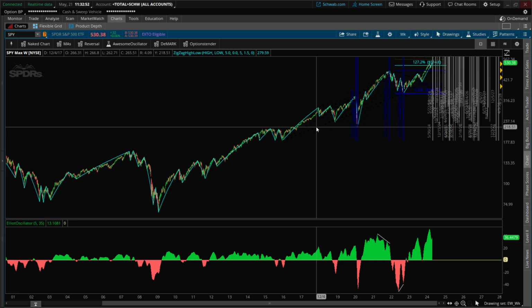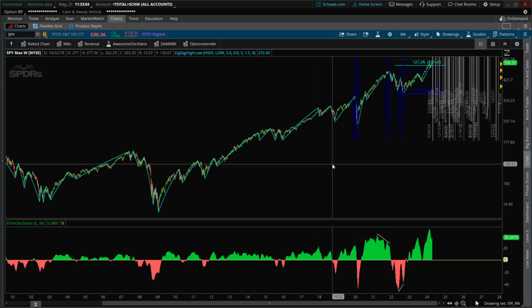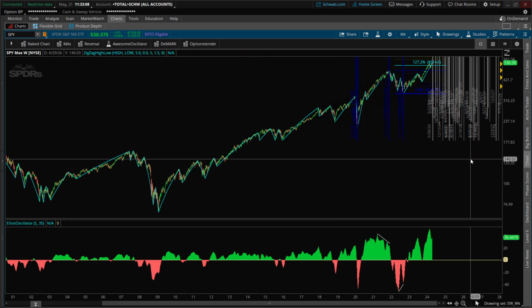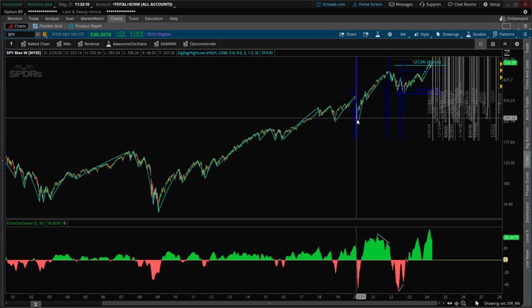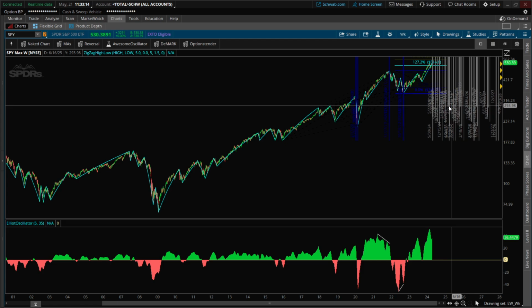We have SPY on the weekly time frame. Maybe we'll even check out Tesla at the end, because I think that's starting to break out. It's definitely got an inverse head and shoulders setup. So we have SPY on the weekly time frame, and we're going to look at some time factors with price as well. If you notice these blue lines, that's where I start a lot of these time factor points.